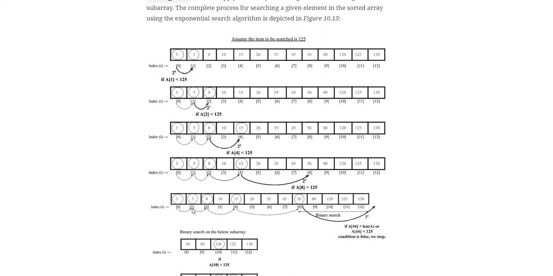So we get to here, then here, then here. We start out at 0, then we go to 1, then 2, then 4, then 8. So we're using 2 to the 0, 2 to the 1, 2 to the 2, and that moves us up to where we're going next.